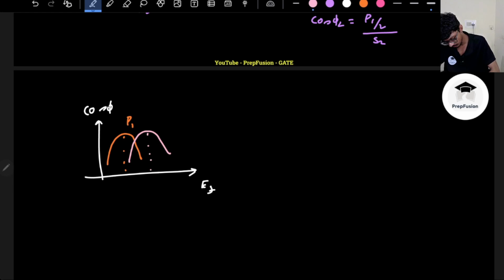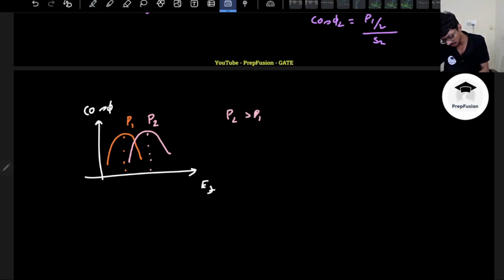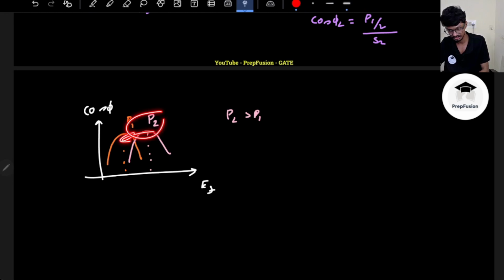This will be the graph for P2. P2 is greater than P1, but if I'm reducing the load, I will go to the left-hand side.